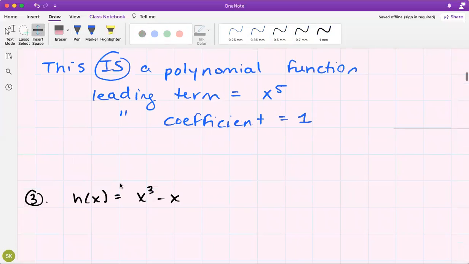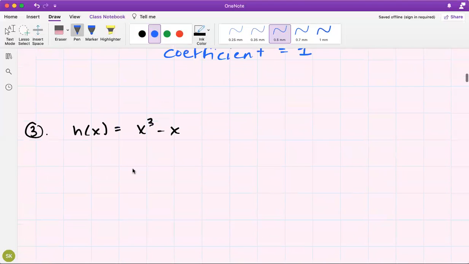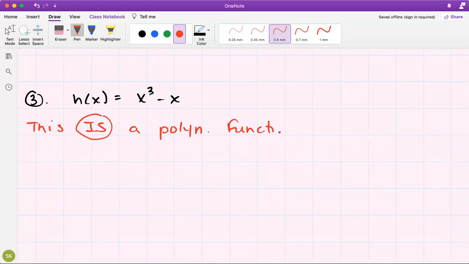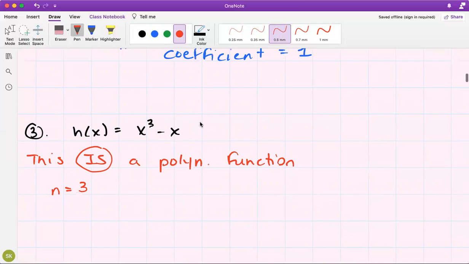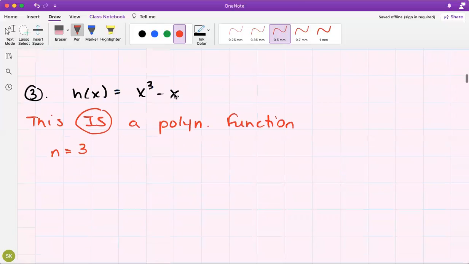Here's our next example, x cubed minus x. So this is a polynomial function. The degree n is equal to 3. I'm not sure, did I write the degree for this one? Yeah, I did. You can see it doesn't have a constant term.